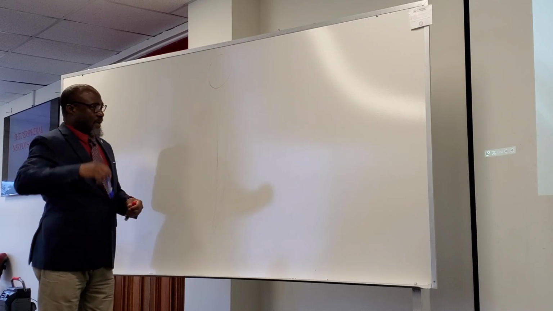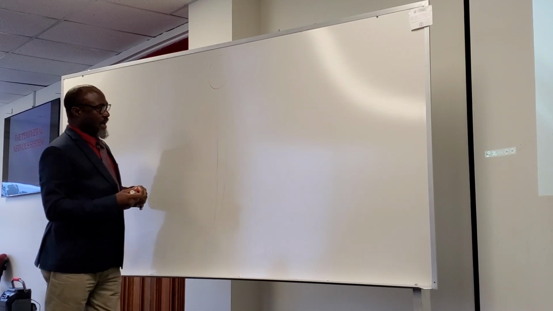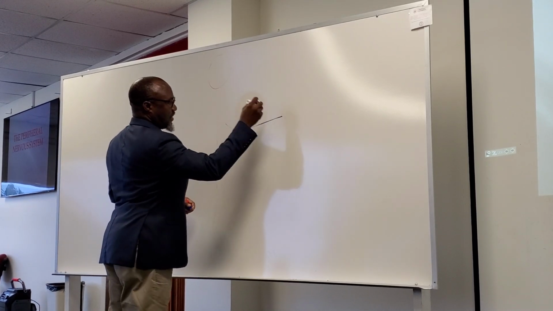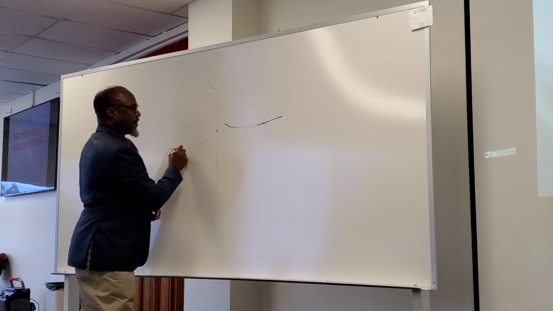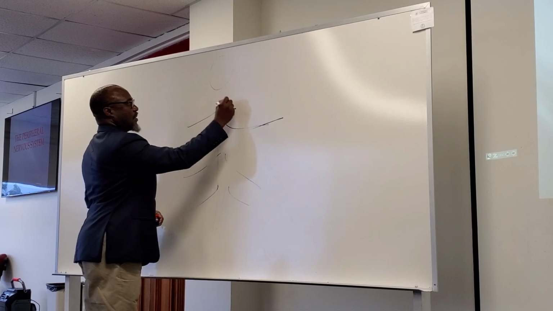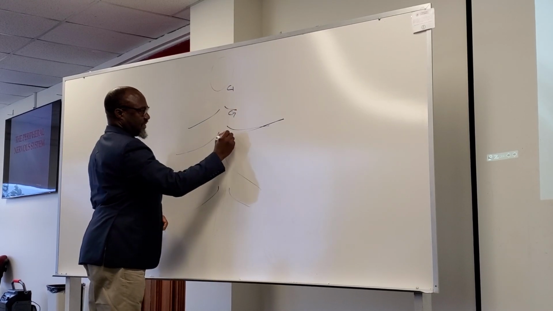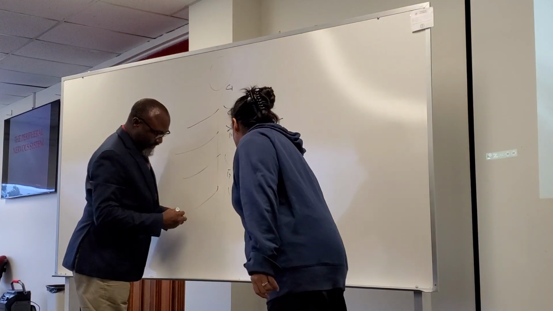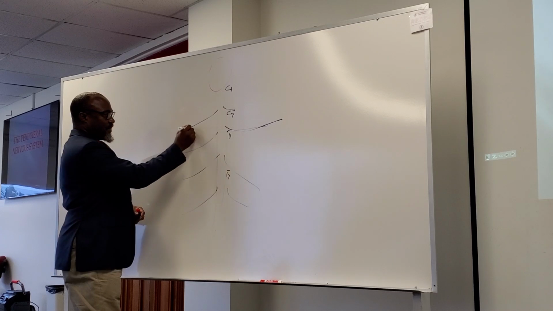So any other thing coming out from here, at least you know your C1 to C7, T1 to T12 and stuff like that. So those ones represent the peripheral nervous system.